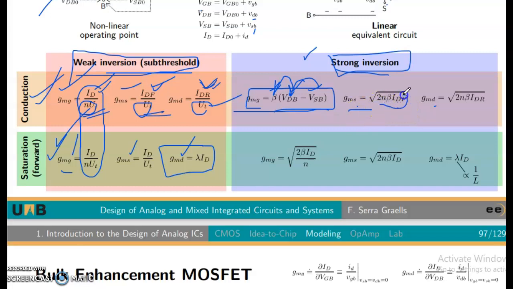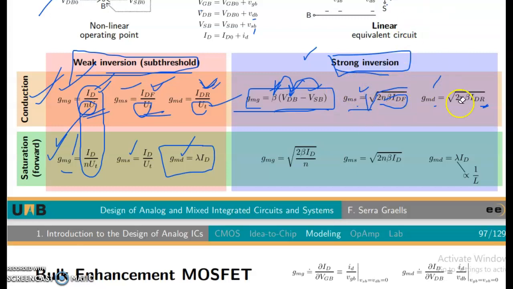After multiplication we have to take the square root because of scaling. Here also the same, but the reverse ID current in drain, and the forward current in source.